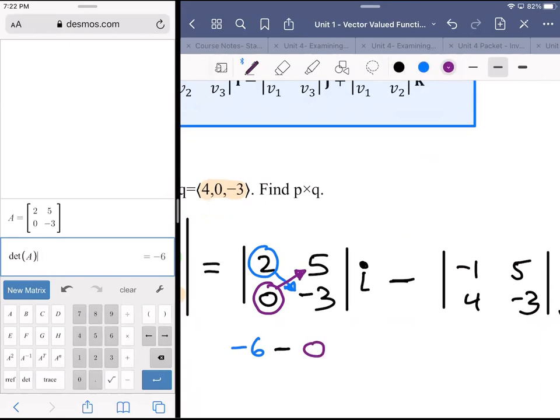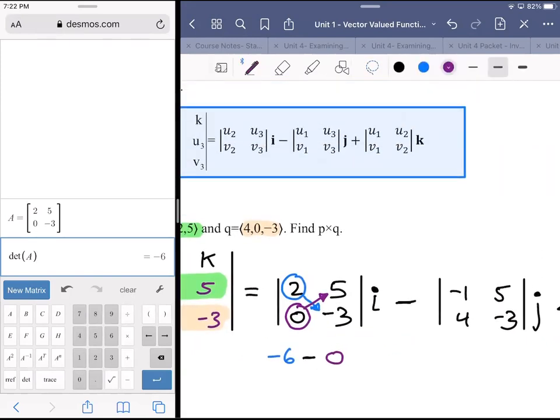Multiply down the main diagonal, multiply back up the other way, and you'll get the determinant of the 2 by 2 square matrix. Very easy. No need for a calculator for something like this. In fact, I actively discourage you from using it because I think it takes too much time.